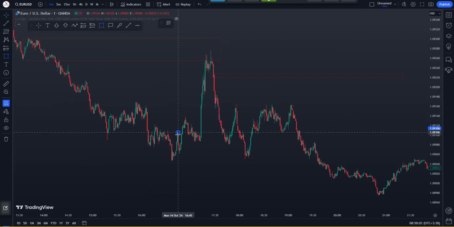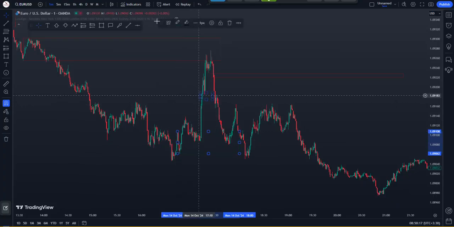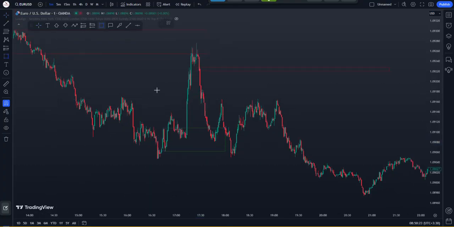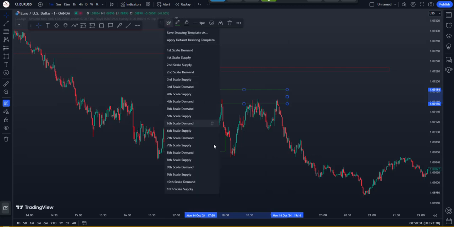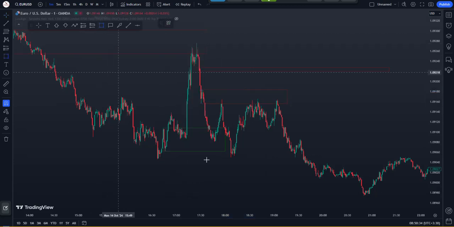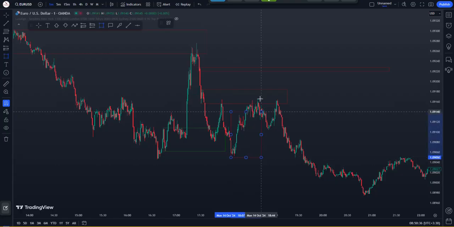So this FL is one of the highest scale of that. This one I'm going to call 90 scale demand, so the swap of that is here as 10 scale supply, and this swap is here, right over it, as 90 scale supply.